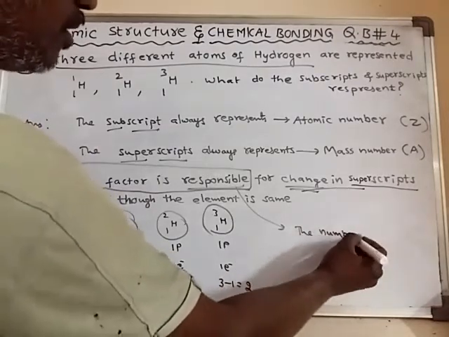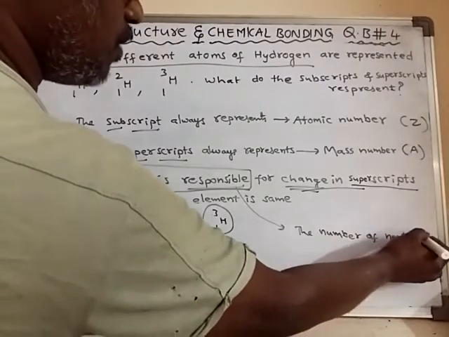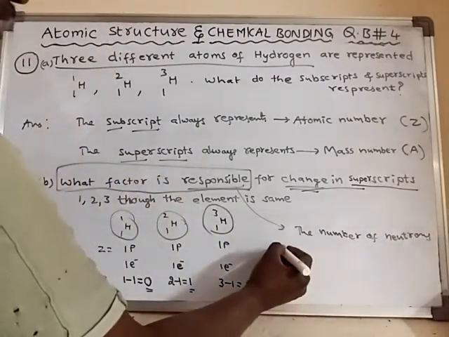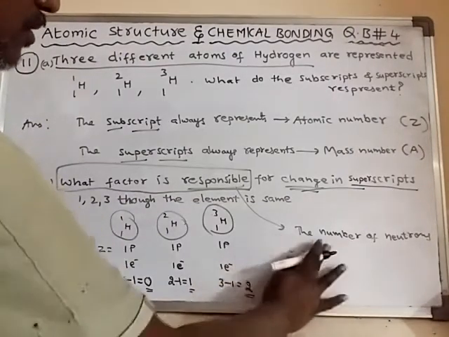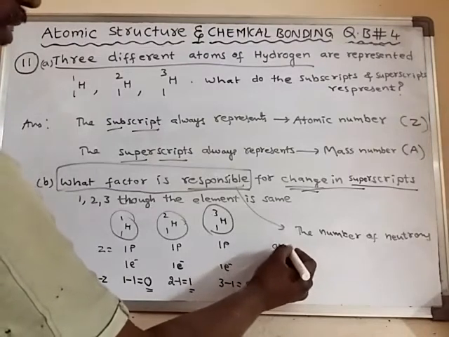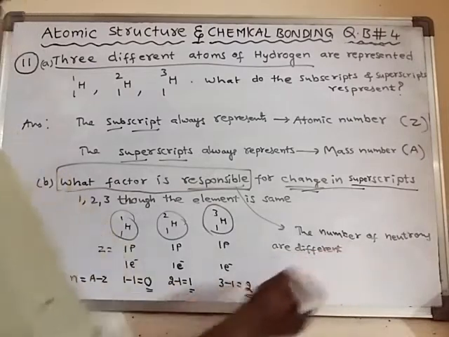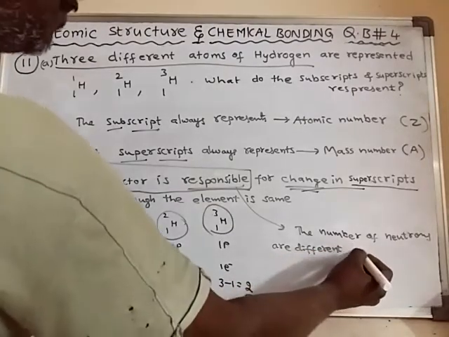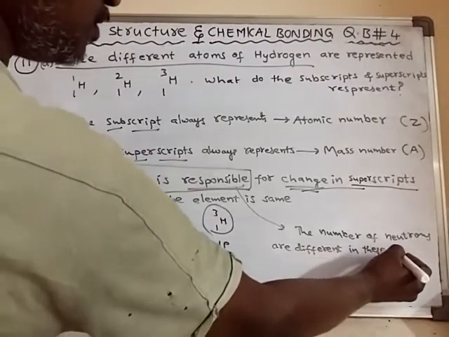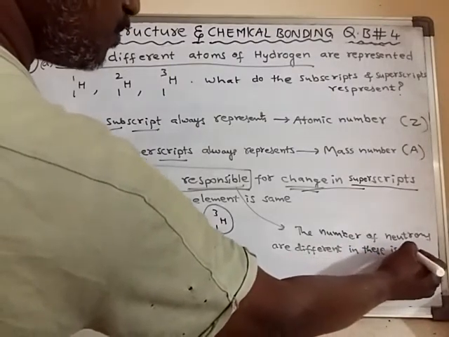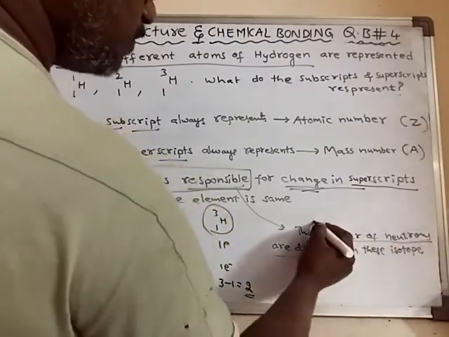The number of neutrons is changing. They are different. There is a difference in the number of neutrons in these isotopes. So the difference in the number of neutrons is the reason.